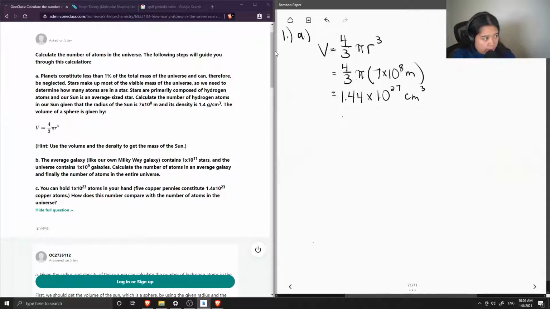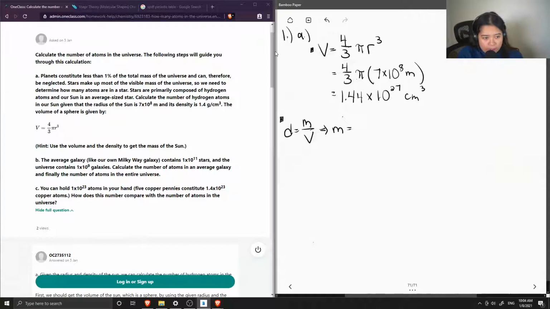Okay, so now for part 2 of part A is to calculate the mass of the Sun. And to do that, we would use the density equation. So density is mass over volume. And we want to calculate for mass.